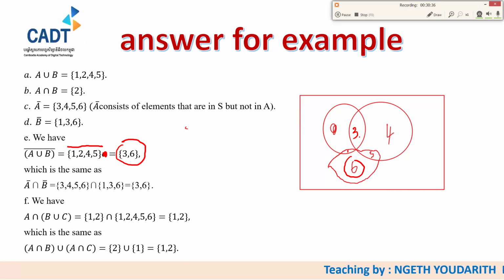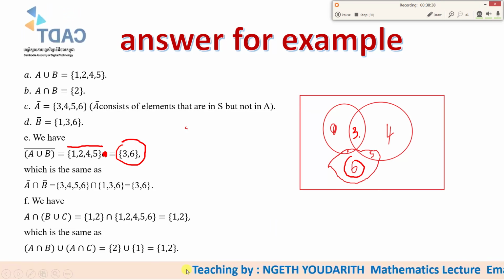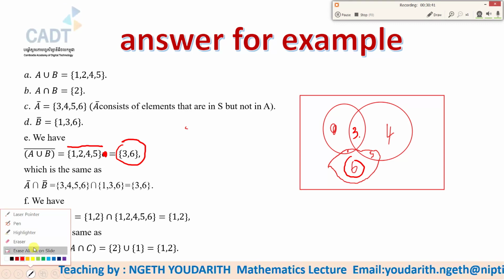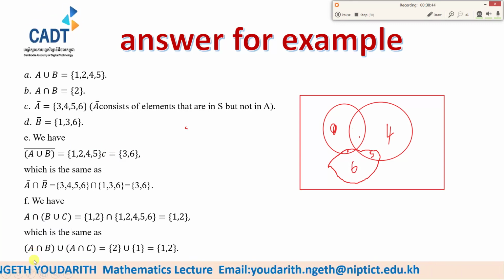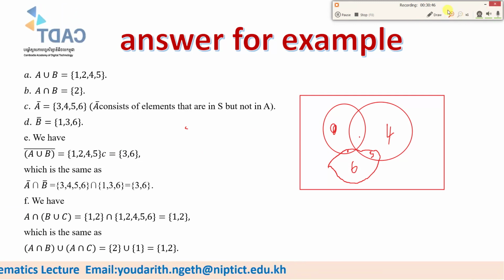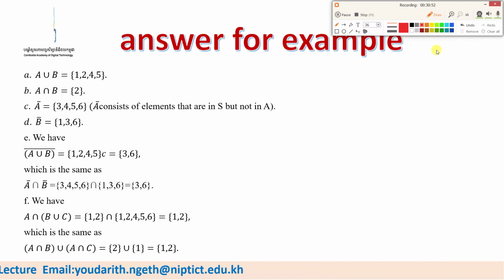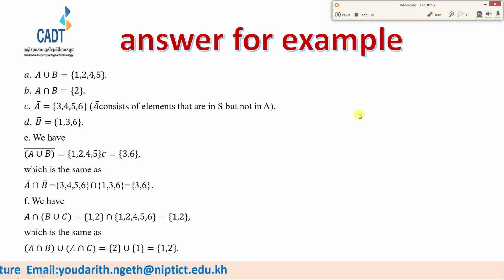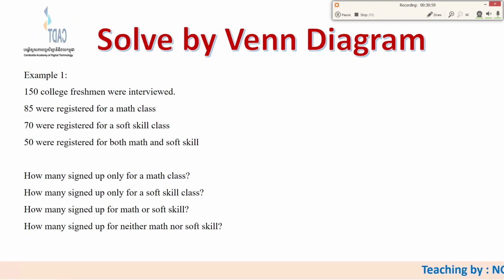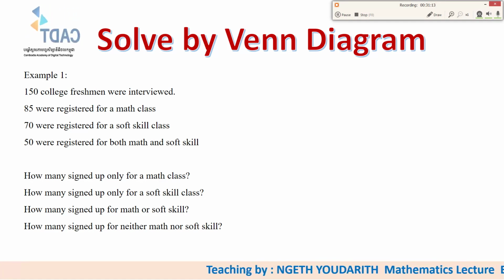And about the Cartesian, we have the next example. If we solve by Venn diagram, this is our example.